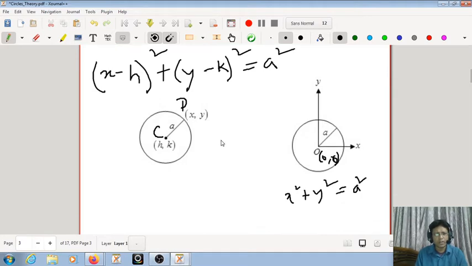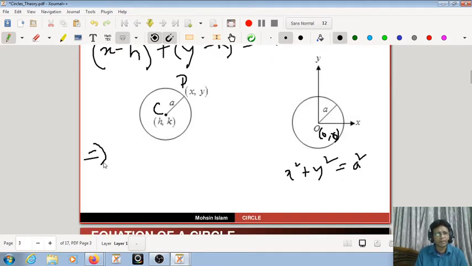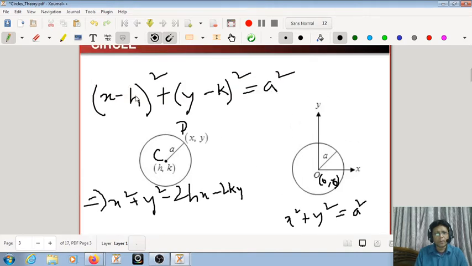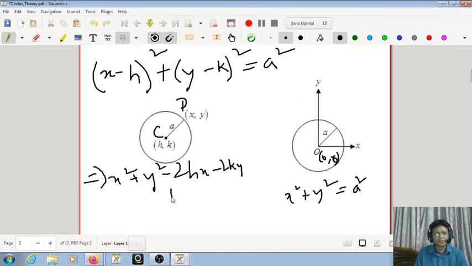If you expand this equation, you will have x squared plus y squared minus 2hx minus 2ky plus h squared plus k squared minus a squared equal to 0.